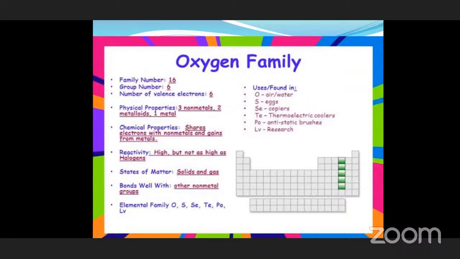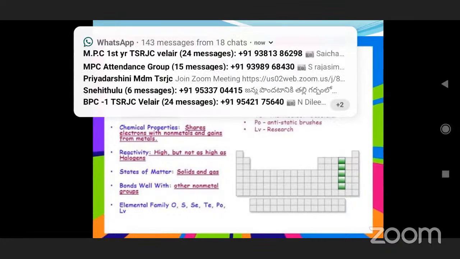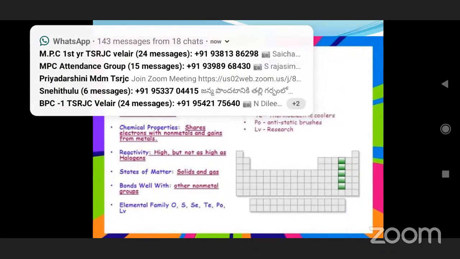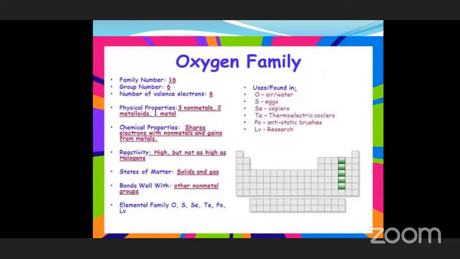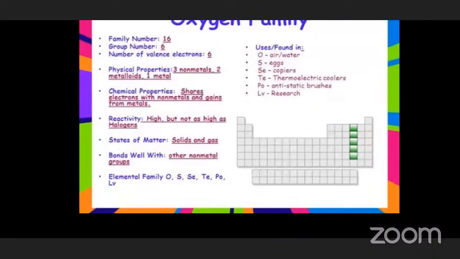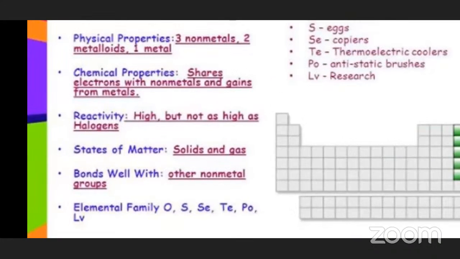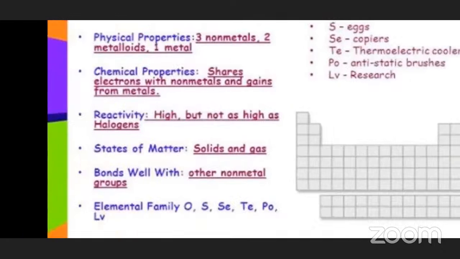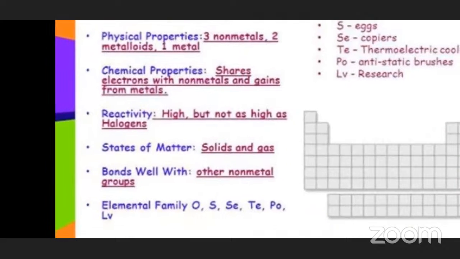Then they bond well with others, that means other non-metals in groups. Then the elements of the family are oxygen, sulfur, selenium, tellurium and polonium.